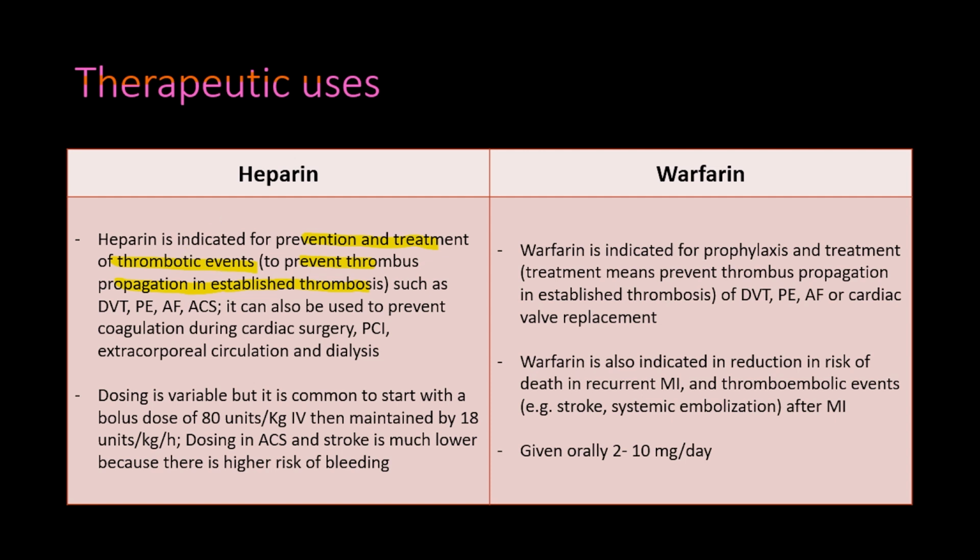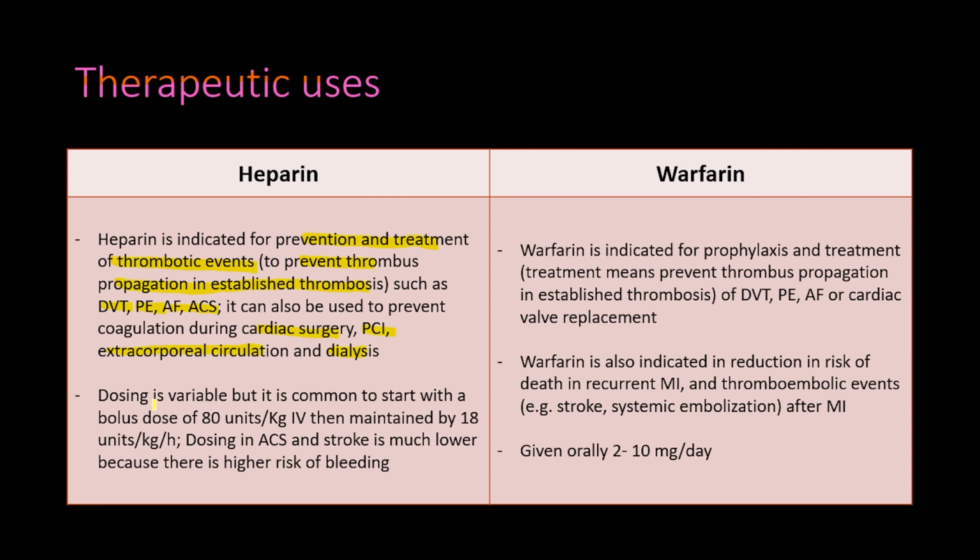And the heparin is indicated for deep vein thrombosis, pulmonary embolism, atrial fibrillation, acute coronary syndromes. It can also be used to prevent coagulation during cardiac surgery, percutaneous intervention, extracorporeal circulation, and dialysis.